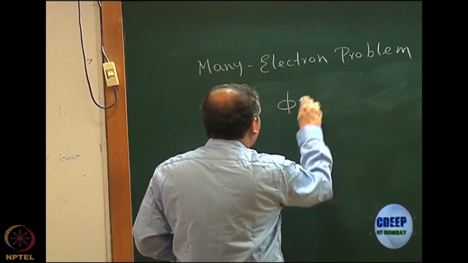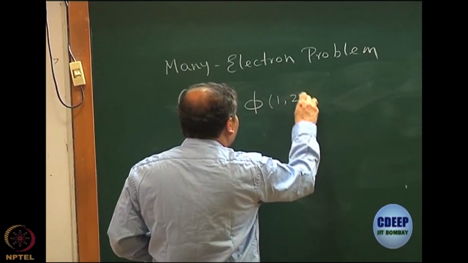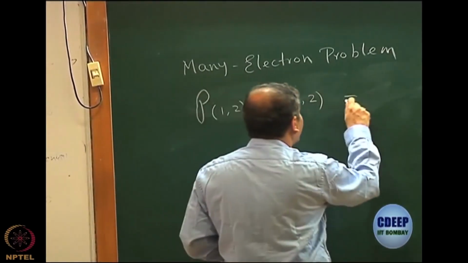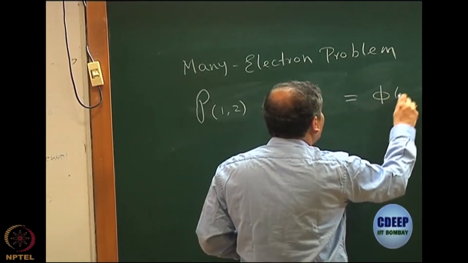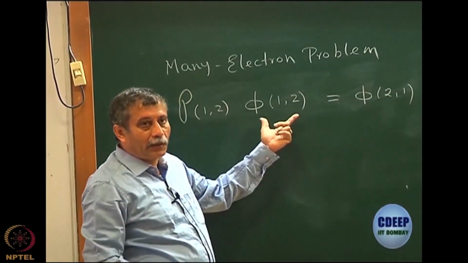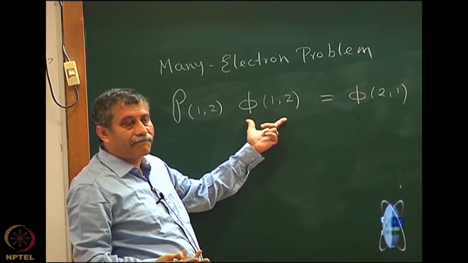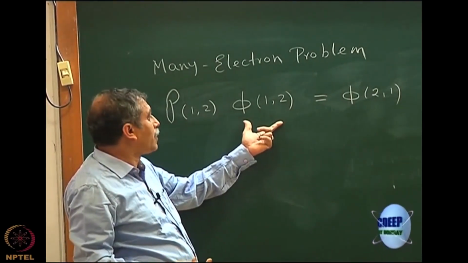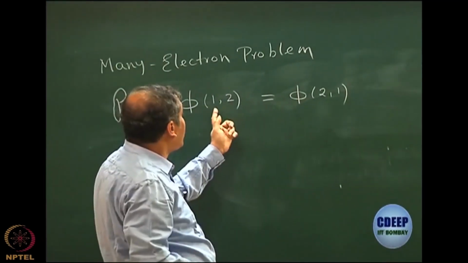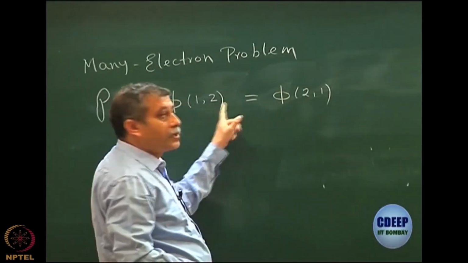So, if it acts on a two particle function phi of 1 2, then it generates a new function which is phi of 2 1. Remember, this is not a Hamiltonian, it is acting on a function. So, if it acts on a function phi 1 2, by definition it generates another function where 1 is replaced by 2, and 2 is replaced by 1.